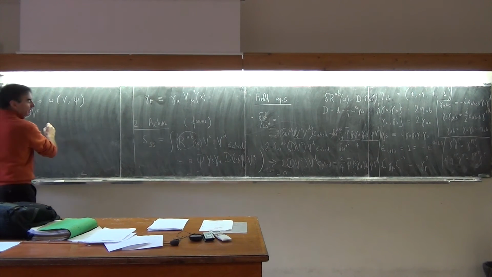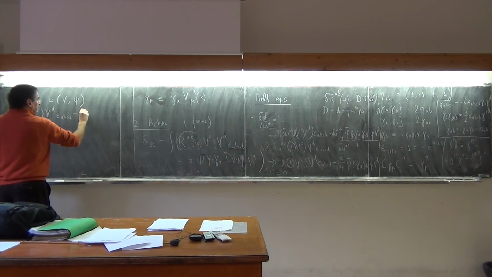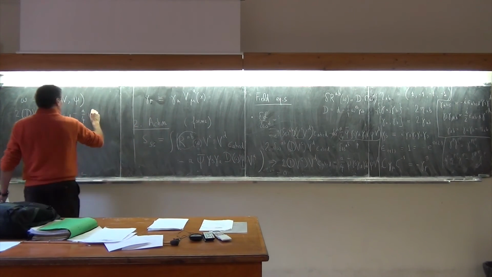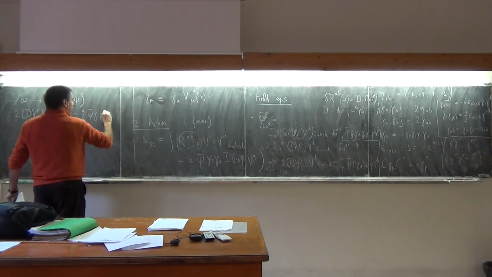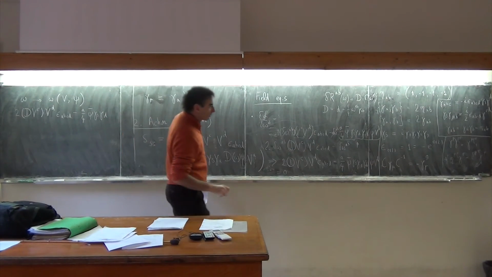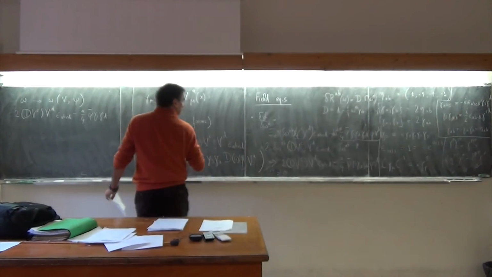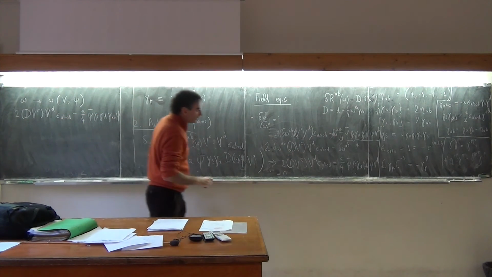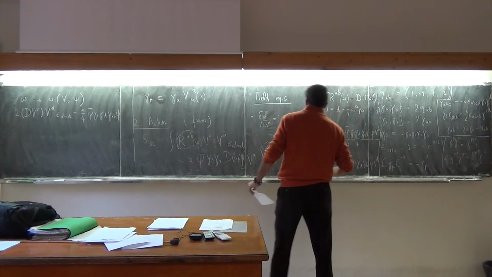dV, epsilon, minus a over 4 psi bar gamma, and then we have gamma ab psi b.